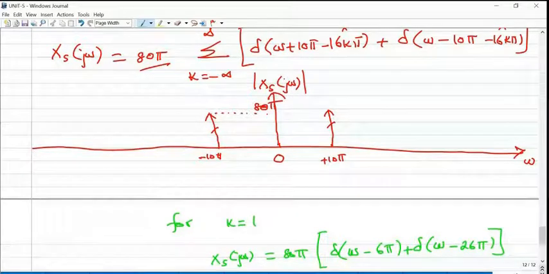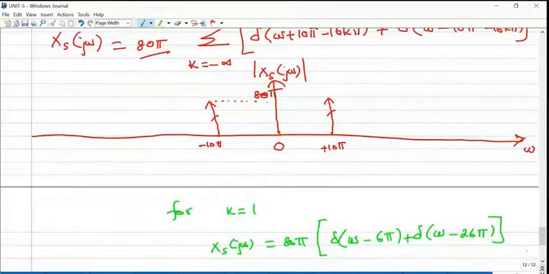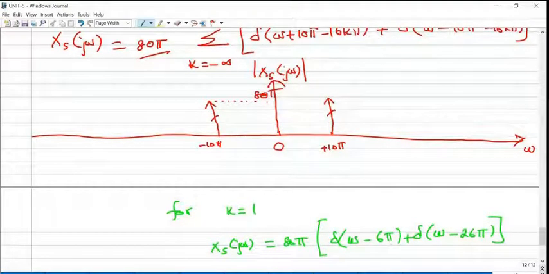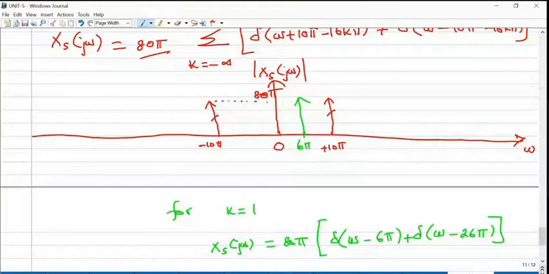So this is the expression at k equal to 1. Can we sketch this? δ(ω − 6π): let's assume this is 6π. Next, ω − 26π: let's assume this is 26π.